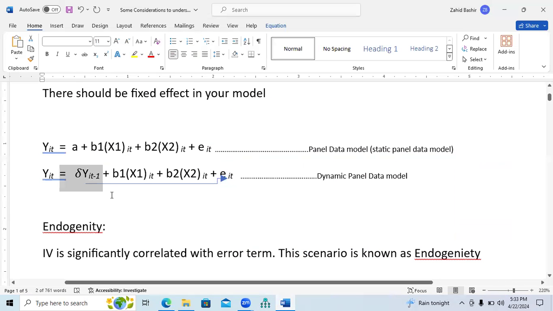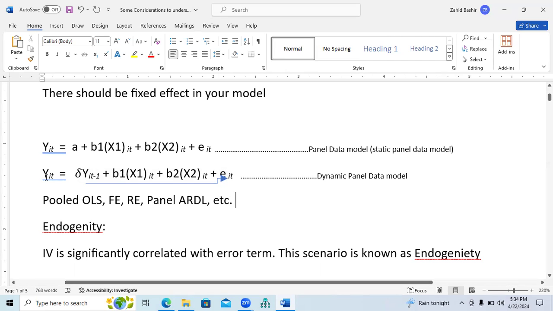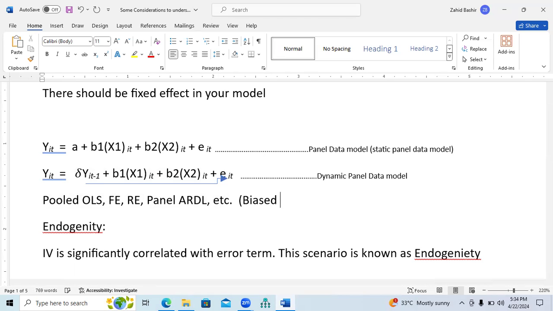It means that if this is the model and we have considered it a dynamic model, and if we are going to use the lag dependent variable in the model, and we are going to estimate it using, for example, pooled OLS, using fixed effect, using random effect, using panel ARDL, and so on, if we are going to estimate this model with these estimation techniques, it is going to give us biased estimates.